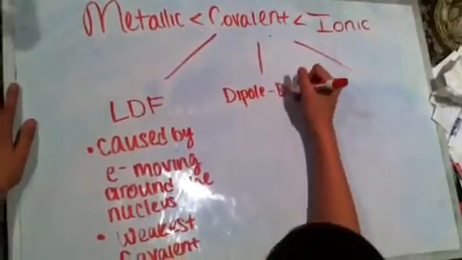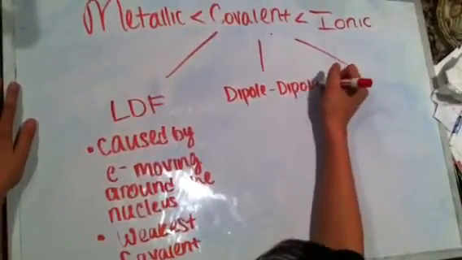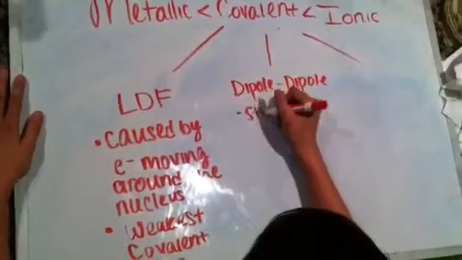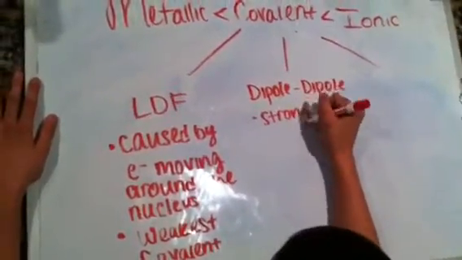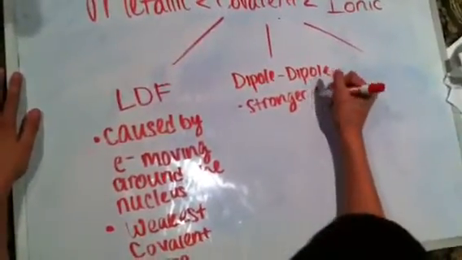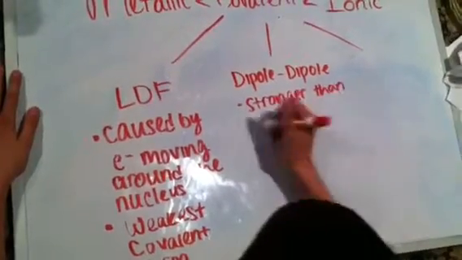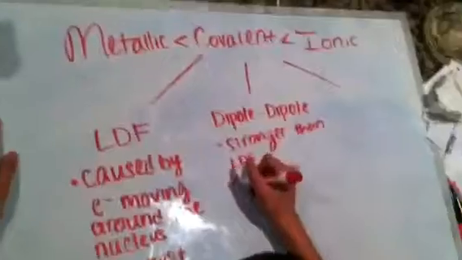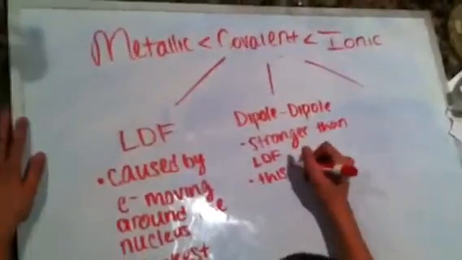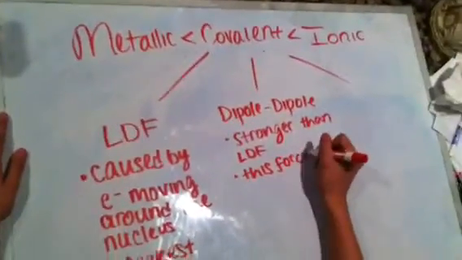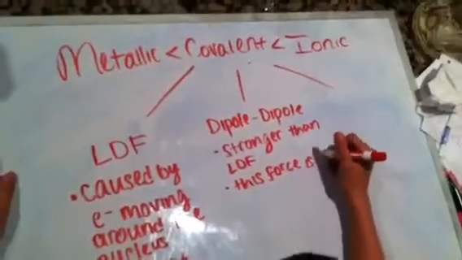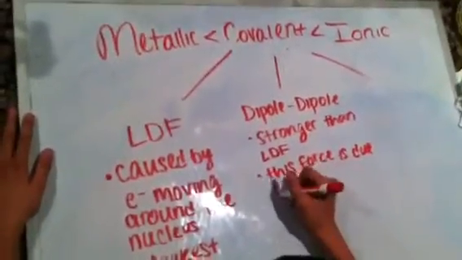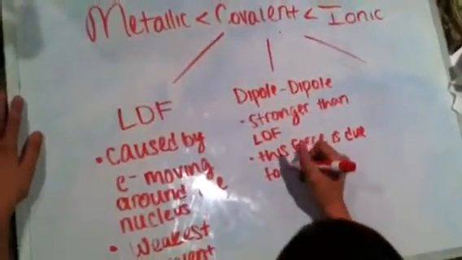Next is dipole-dipole. Now, in comparison to LDF, dipole-dipole is stronger in means of strength. Now, dipole-dipole can only be there if the compound is polar.